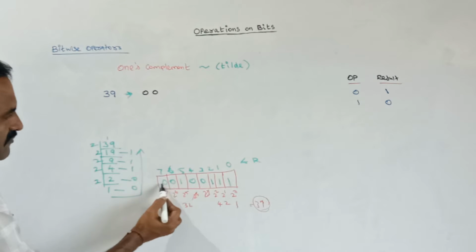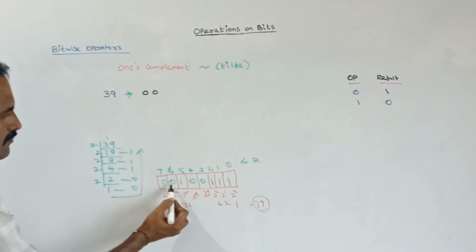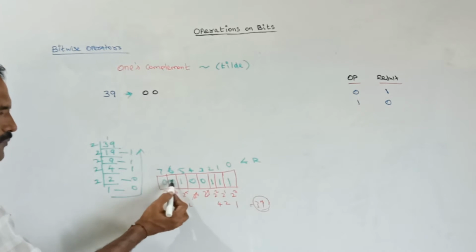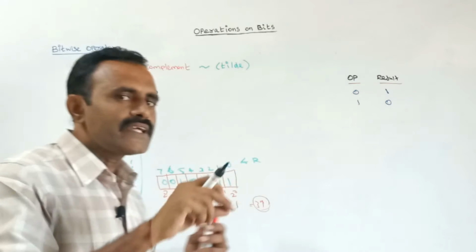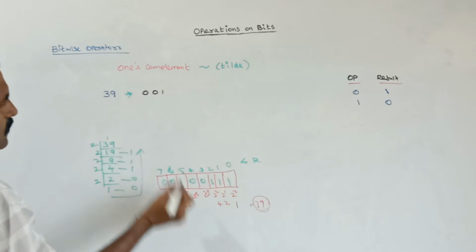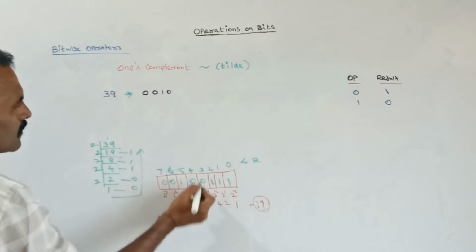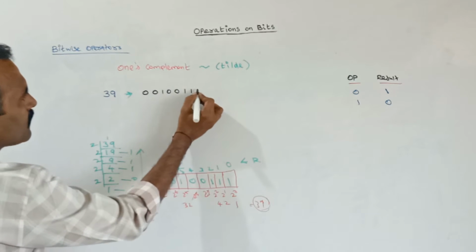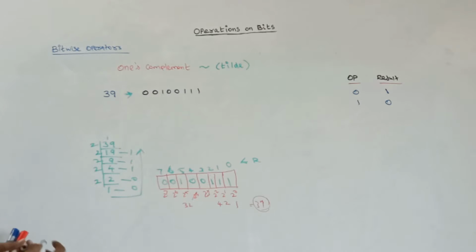Here, in front of these, the remaining 2 bits are empty. We should not leave them empty. Instead we can put 0 and assign the value 0. So the value is 0 0, next 1 0 0, next 1 1 1.